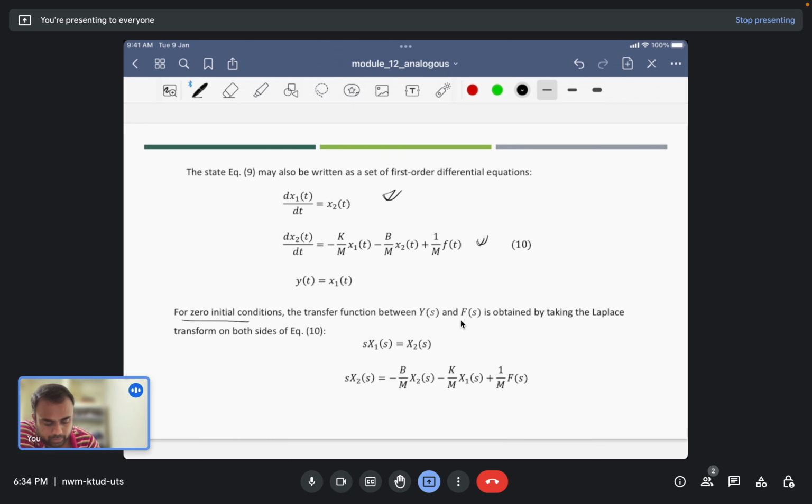And now applying the zero initial condition at t equals to 0, we are applying the initial zero condition, that is from the Laplace transform.